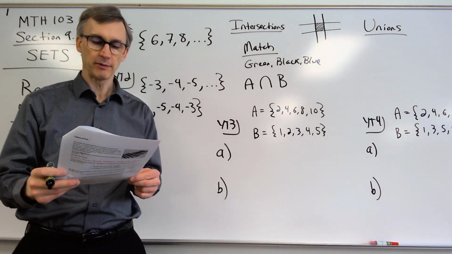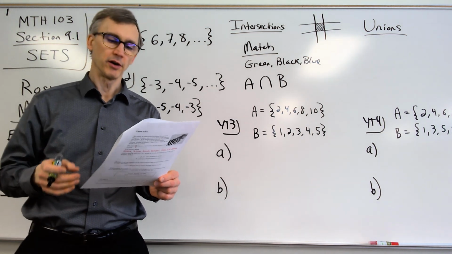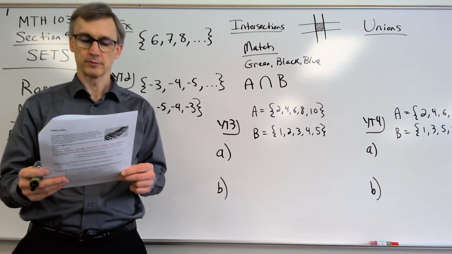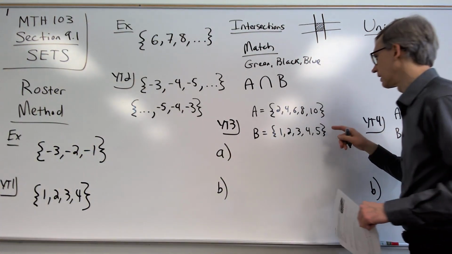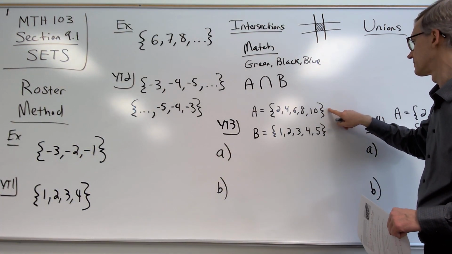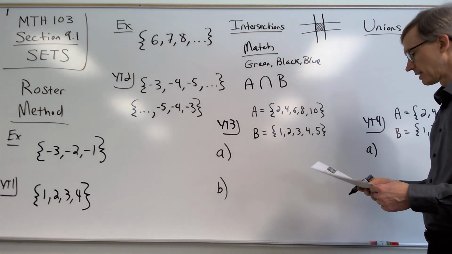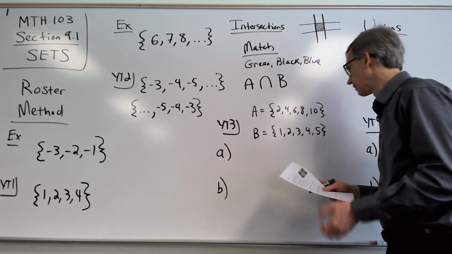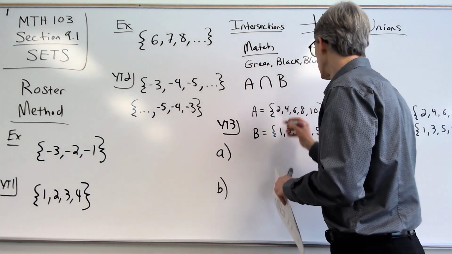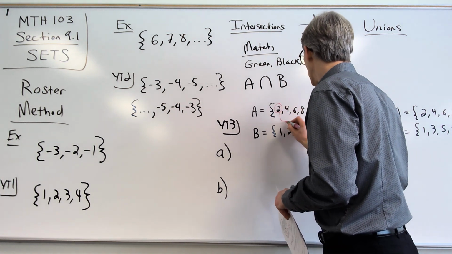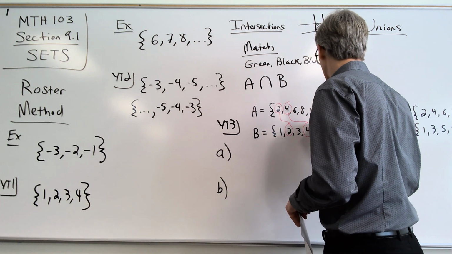So find the matching elements in your turn number 3. We're going to find the intersection of those 2 sets. So A is even numbers up to 10, and B is 1 through 5. Now the matching elements in these 2 sets, all right, we've got 2 here and 2 here, those match, and then 4 here and 4 here.